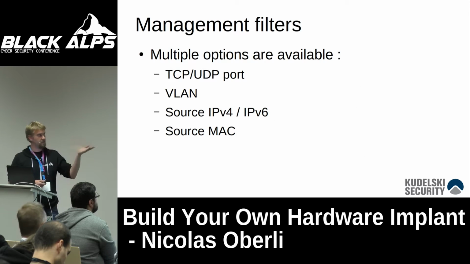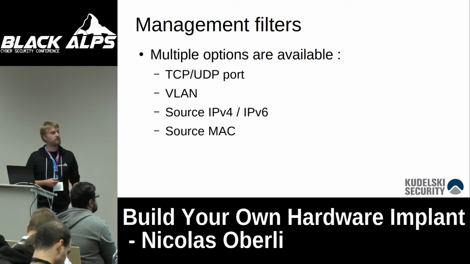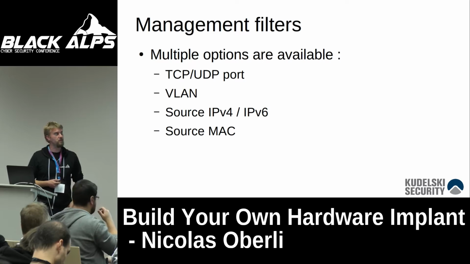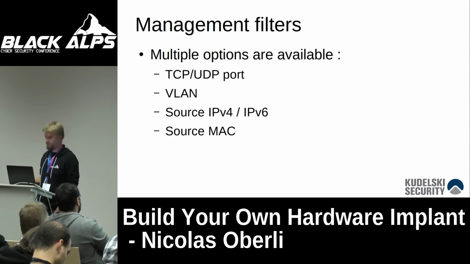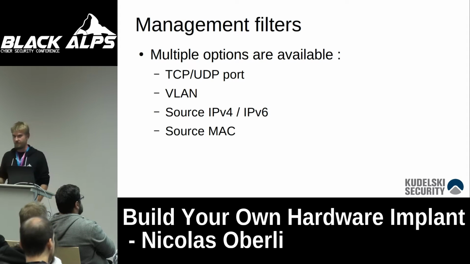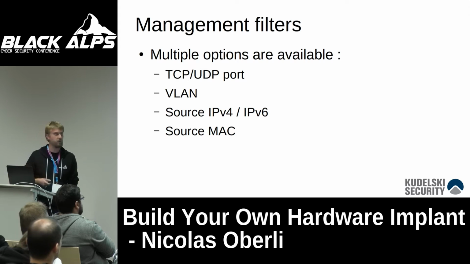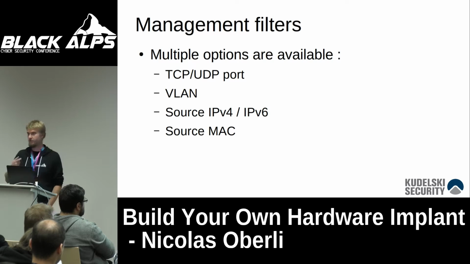On that specific chipset, there are ways to select traffic from the source or destination TCP or UDP port, from the VLAN used on the packet, from the source IPv4 or IPv6, from the source MAC, etc. So every packet that comes to that network interface can be filtered using those.